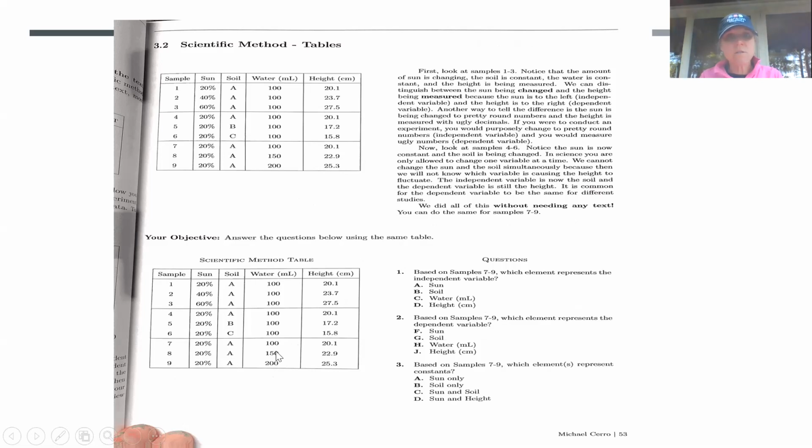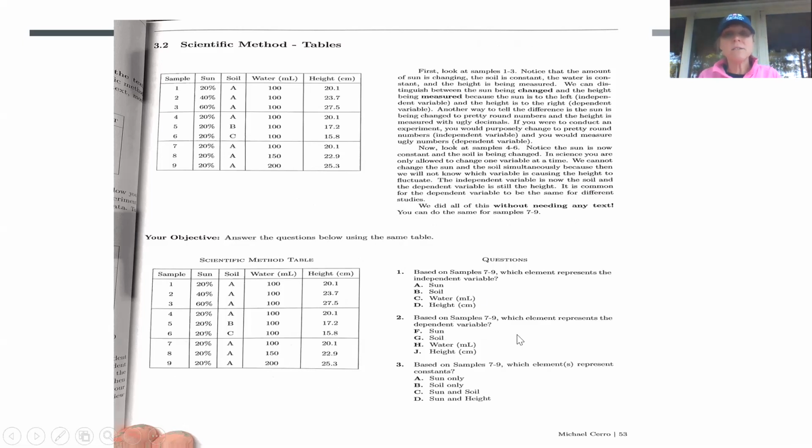Is it water? Yes, water is what is being changed by the experimenter in round increments. So that would make this our independent variable because it's what we are changing. And then height would be our dependent variable, what we are measuring, okay? And that follows the pattern. The independent variable is to the left and the dependent variable is to the right.